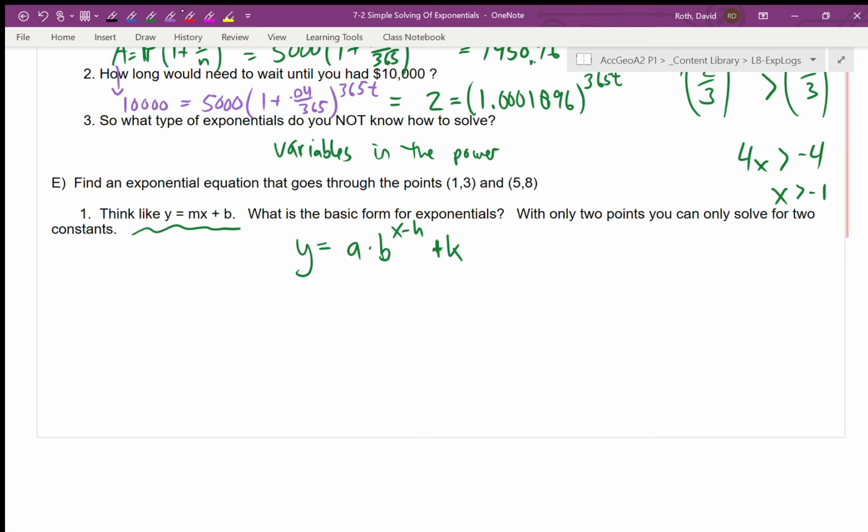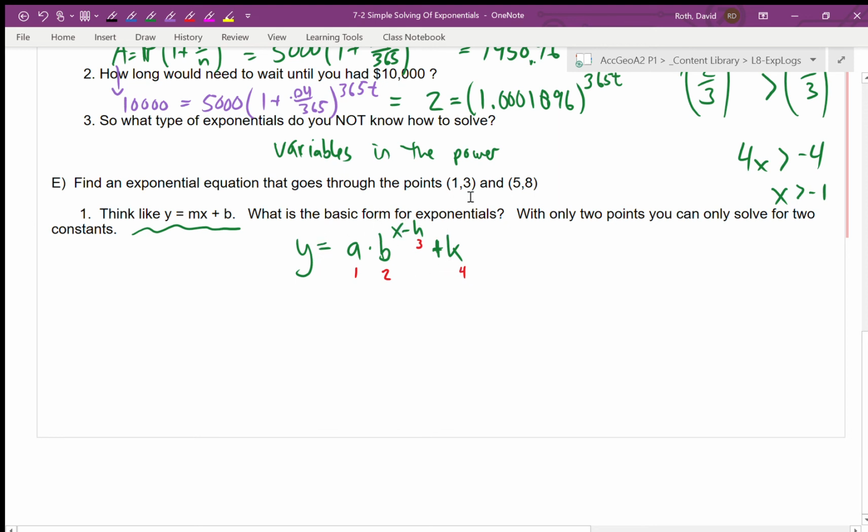Now, how many unknowns do I have in this situation? I don't know an A, could be anything. I don't know the base, that could be anything. I don't know the h, that could be horizontal shift. And I don't know the k. I have 4 unknowns. I am going to plug in these XY points, so that's what's going to go in the Y and the X here. I cannot solve for all of these.